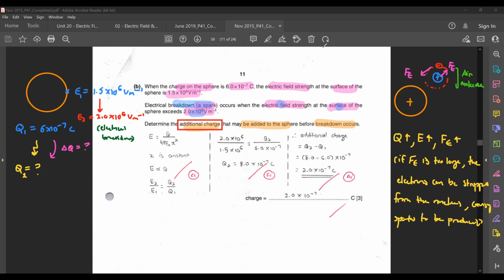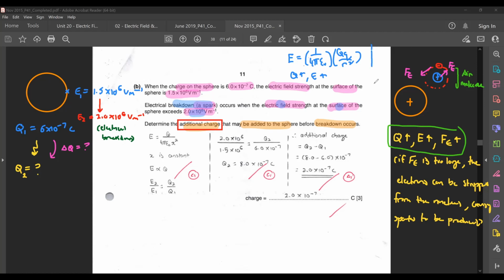All right, so how do I know this relation here? It's mainly because of something like this. If you remember, E equals 1 over 4 pi epsilon naught times Q over R square. You can see that if Q increases, E obviously increases.